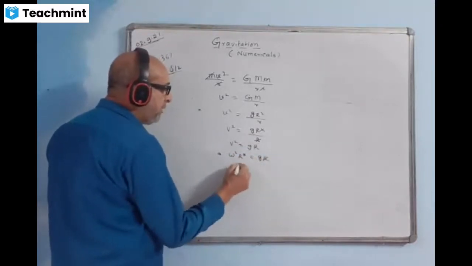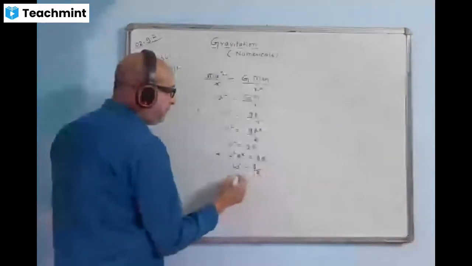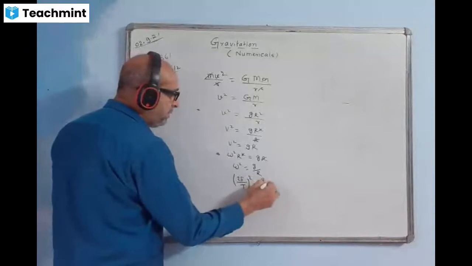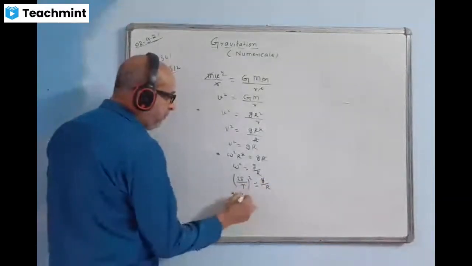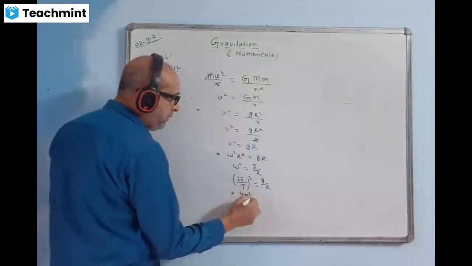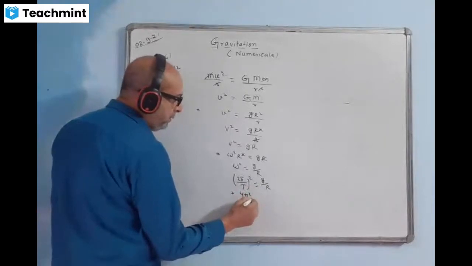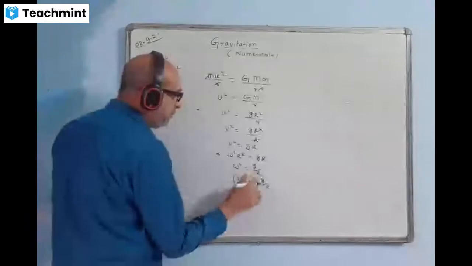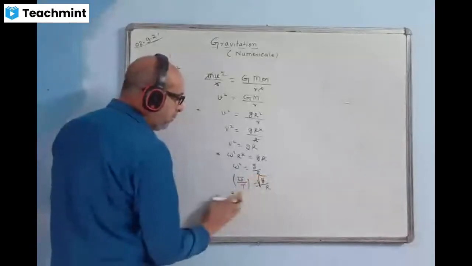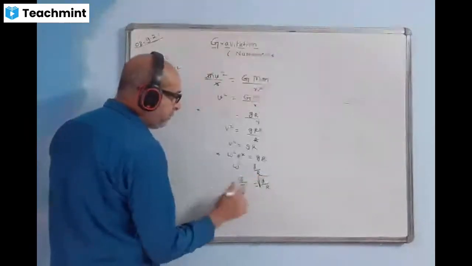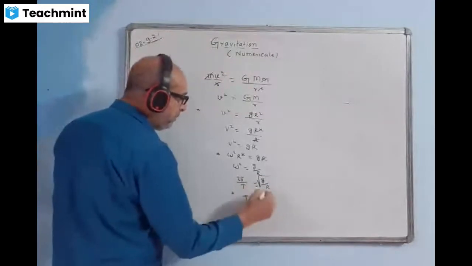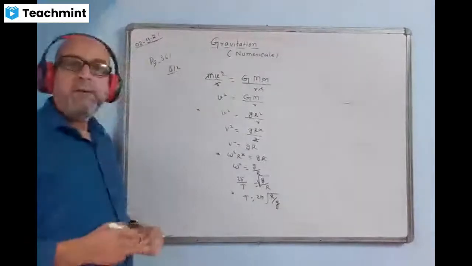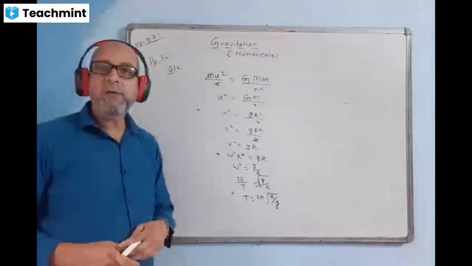R and R will go, so the omega squared value is coming g upon R. 2 pi by T whole squared is coming g divided by R. The square we can remove and put the root here. 2 pi by T is equal to root of g by R, therefore the T value will come 2 pi root of R divided by g. This is the value for a very close satellite.